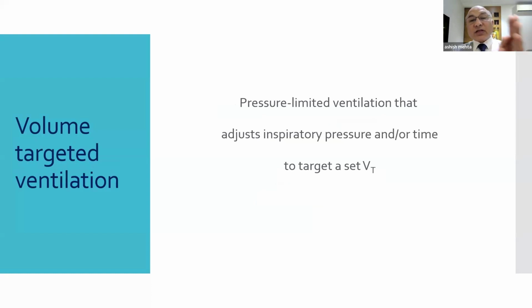This is a pressure limited ventilation that adjusts inspiratory pressure and or time to target a set tidal volume. So that means you are targeting the volume, but you also have control over the pressure.